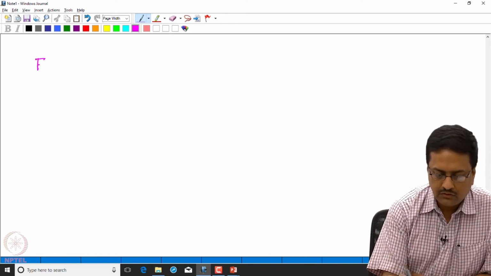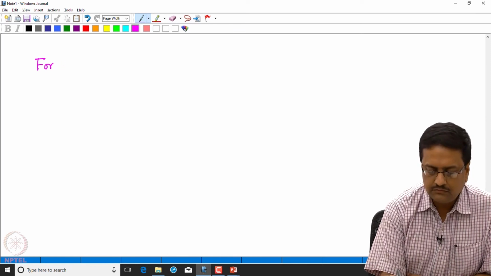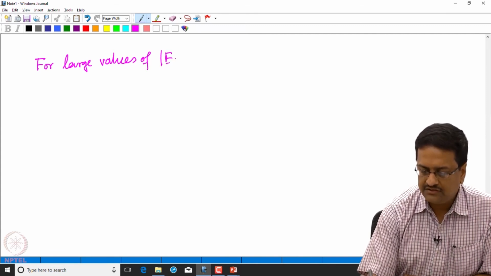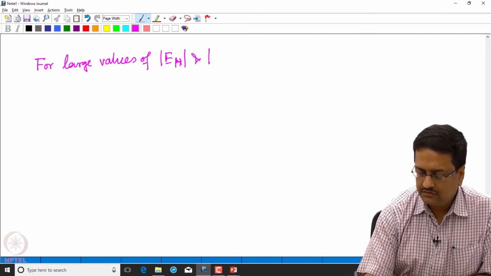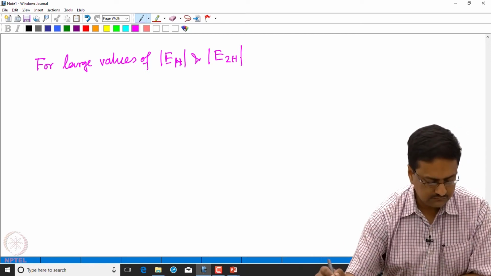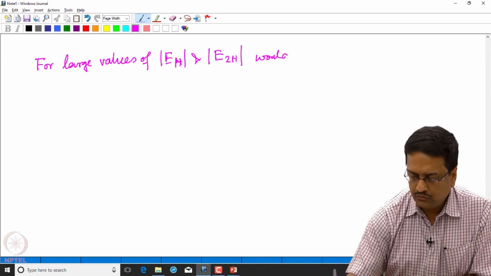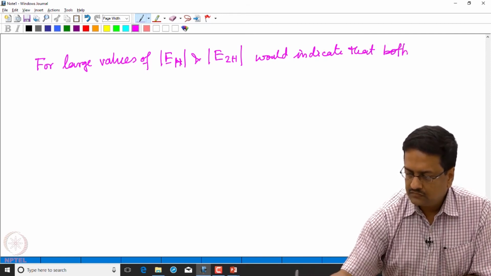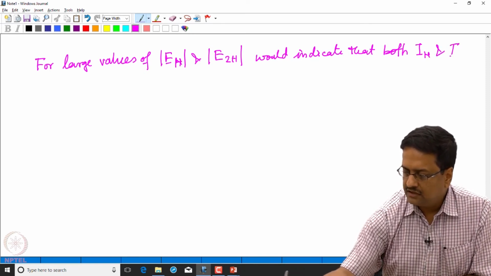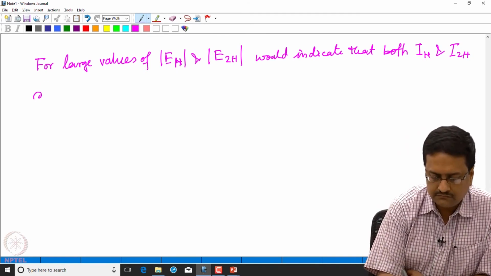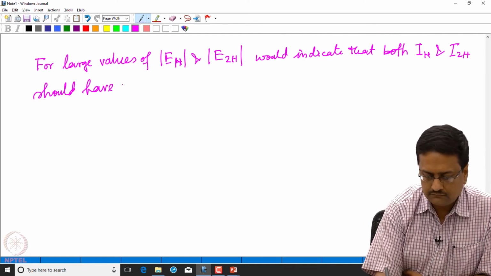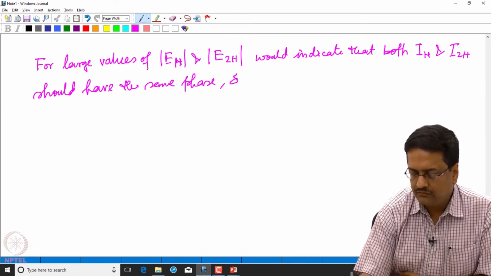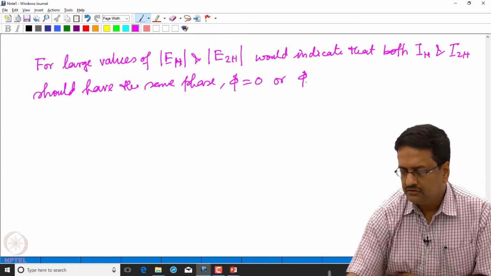So large values of EH and E2H would indicate that both IH and I2H should have the same phase, phi equal to 0, or both should have phi equal to pi.